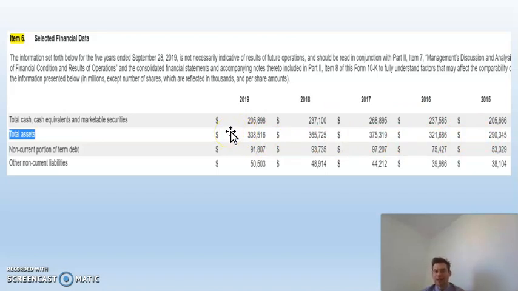Apple's cash has hovered around 200 billion, and I know the debt has come up slightly from 53 billion to 91, but for all intents and purposes, the assets of Apple have not really changed, because Apple is growing its business and is buying back shares. So over time, on the balance sheet, the equity is shrinking, and that's great. It means the business is returning a large amount of capital to shareholders. That's a really good thing to think about.